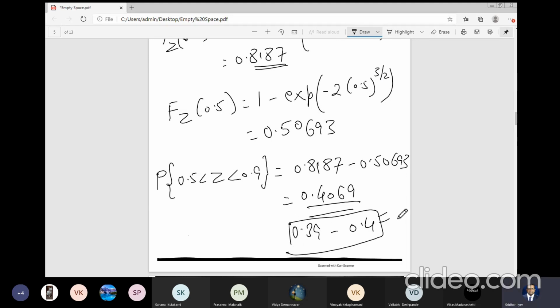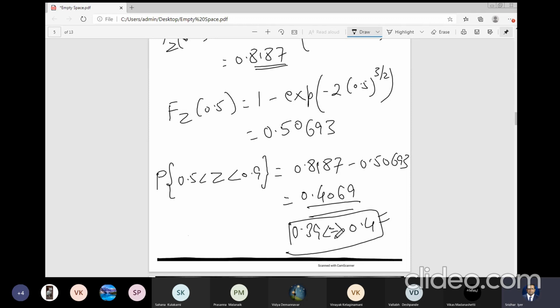That's fine. Even if you subtract your answers, I'm getting the same. You are getting the same? Okay, good. If it's the same, it's fine. Because it is an exponent, it will be some approximation in the calculator as well. So if it's between 0.39 and 0.4, then it's fine. Then nothing to worry about.